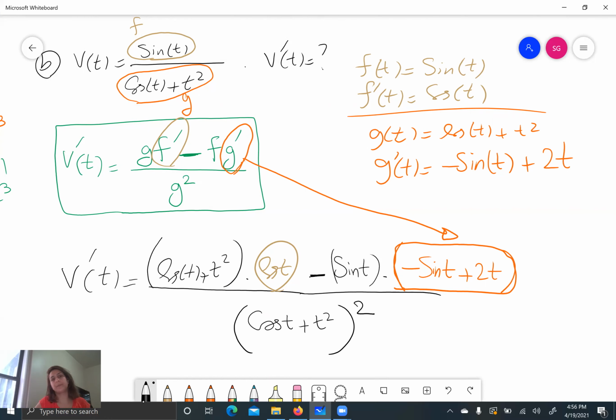This is a quotient of what type of function? Power function over a trig function. So look, let's go step by step. First of all, we have a summation here, right? We have an addition.